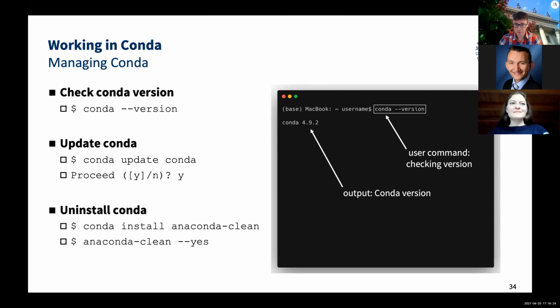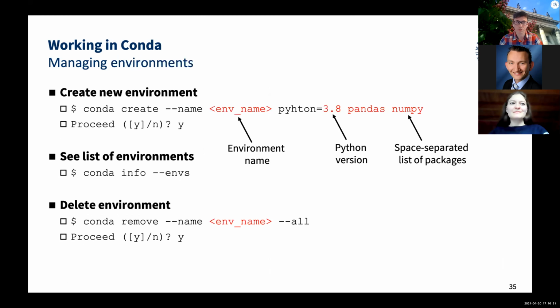Right, so now you have Conda, everything works. The first thing you probably would like to do is to create a new environment for you to work in. And to create an environment, you can use this command displayed on the slide here. You type conda create --name, and then you include the name of your environment. It can be anything like APA, my environment, whatever, it depends on you.